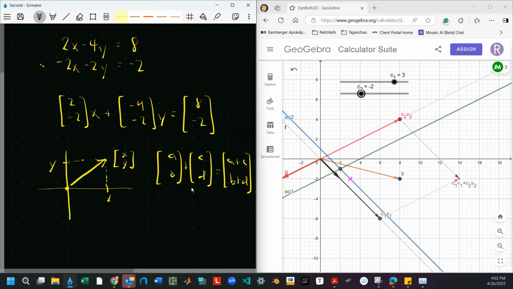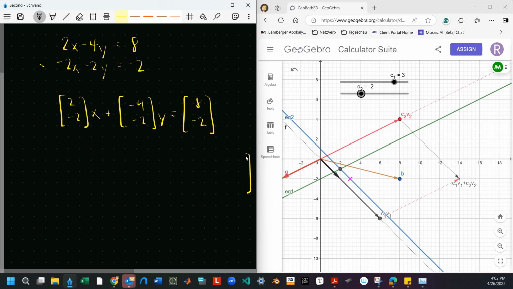The upshot of all of this is we have two very different pictures of the same equation. In one case, I'm looking at this as two lines intersecting. In another case, I'm looking at this as trying to find some coefficients so that when I add those two vectors together, I get this vector.